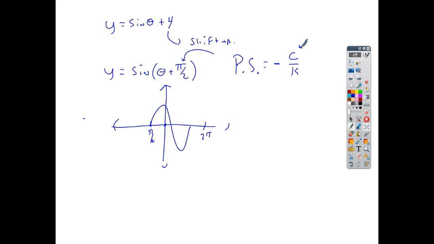So that's how much we normally shift left or right if the world was a just world. That's how we shift left or right. The K is the same K we ran into before. It's the number we find right in front of that theta. If I put a 2 there, I'm going to divide by 2, making my phase shift half as big because my graph is half as big. So I need half as much bang for my buck. Okay?